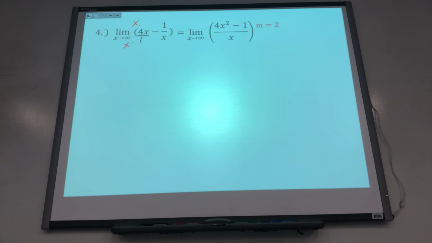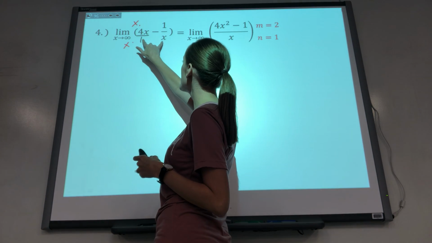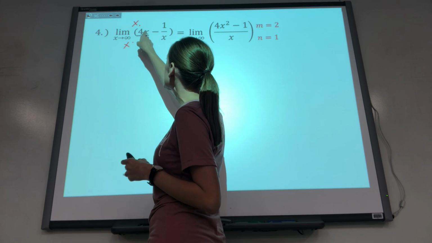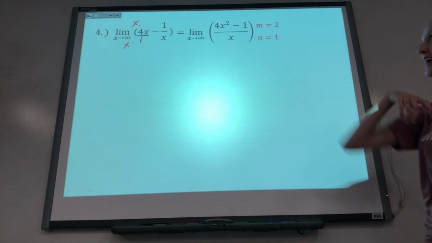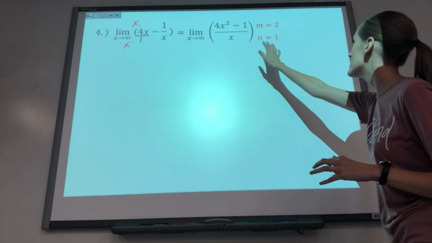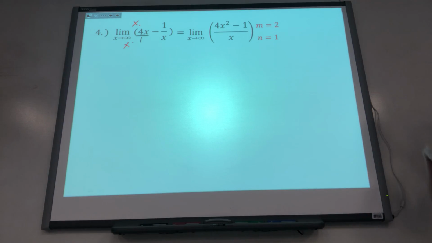Okay, well, m, biggest power of x on top, is 2. N, biggest power of x on bottom, is 1. If you had left it as two fractions like this, it would almost look like m is 1, n is 1. It would kind of look like m equaled n, but that's not right. M is greater than n. So this is the case where we have to do a little bit more work.